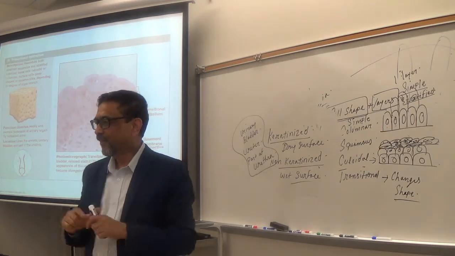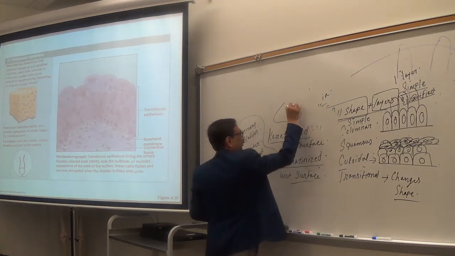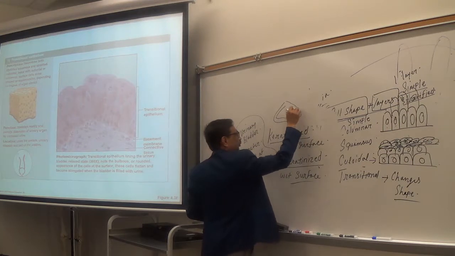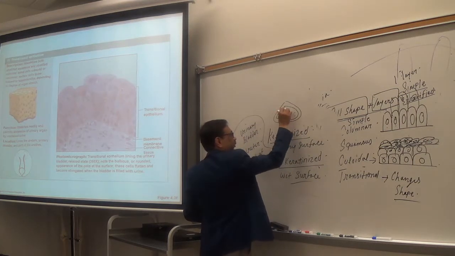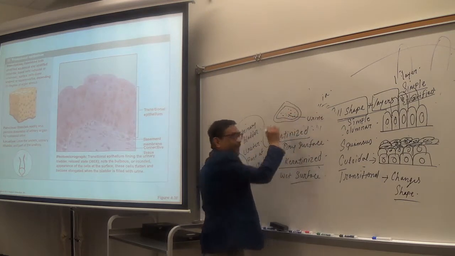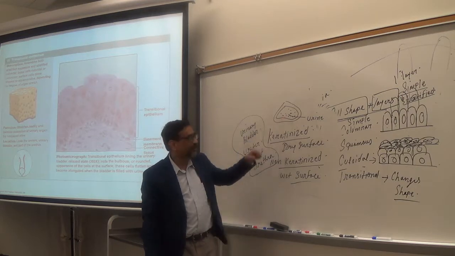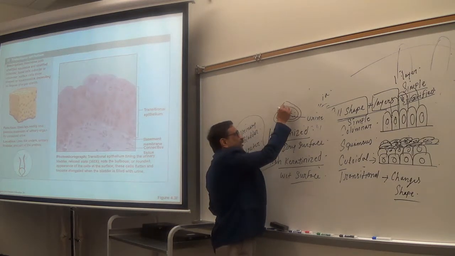Make sense? So urinary bladder does what? This is your urinary bladder. Inside the bladder you have what? Urine. And urine stays there, right? All the time. And inner lining is transitional epithelium here.